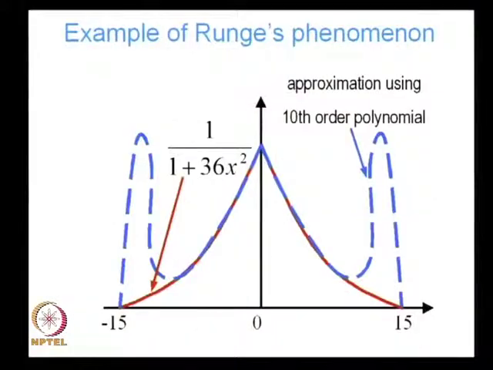I looked at this example earlier, where we are trying to fit this function. We have no function values for this one, and I am trying to fit a polynomial to this. If I do equidistant interpolation I get something like this, very large errors near the endpoints. These errors are particularly severe for higher order polynomials.